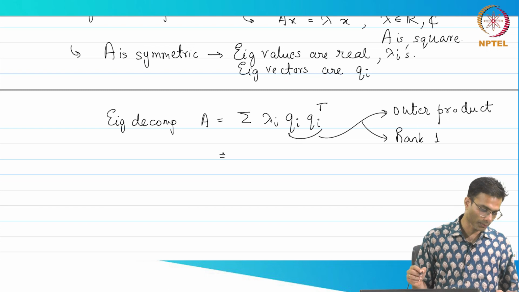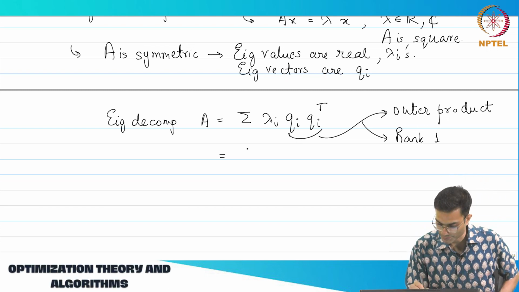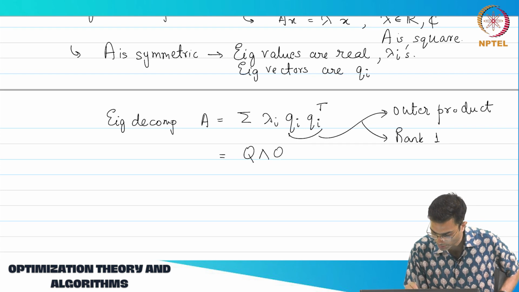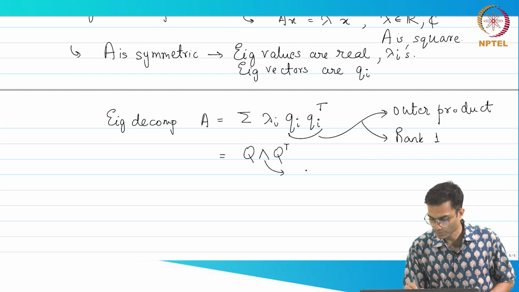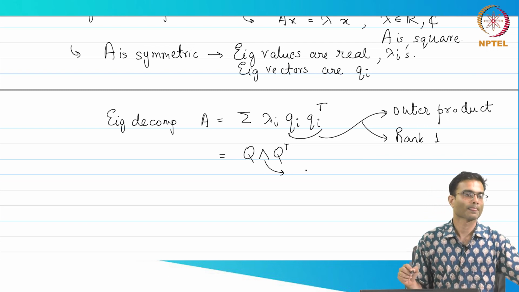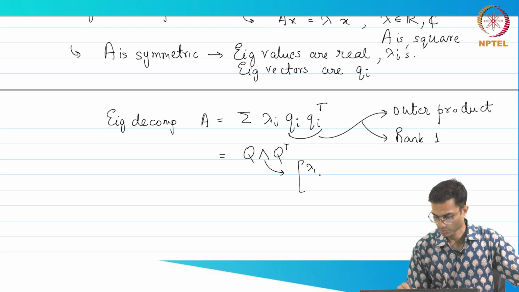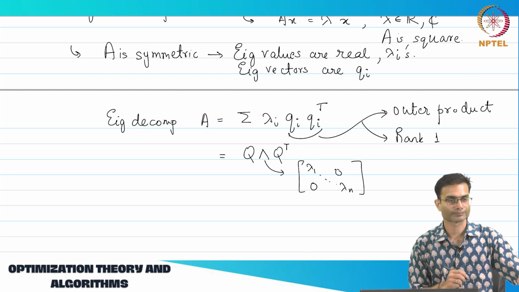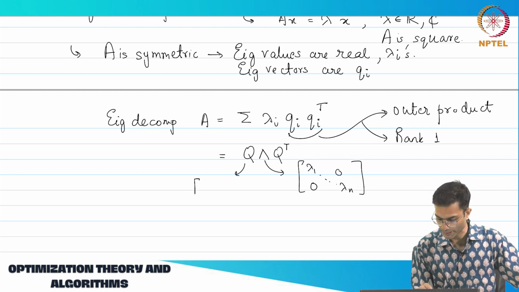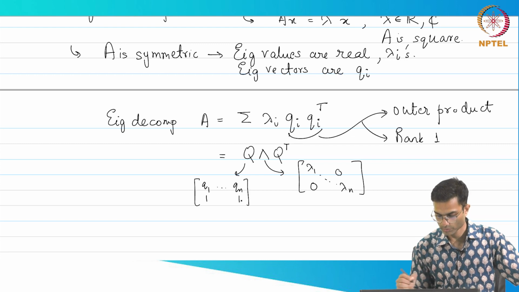The more common way of writing it is in the form of a product of matrices, which is Q lambda Q transpose. What is capital lambda? It's a diagonal matrix with the eigenvalues on the diagonal, and Q is simply Q1 up to Qn, the eigenvectors stacked as columns.